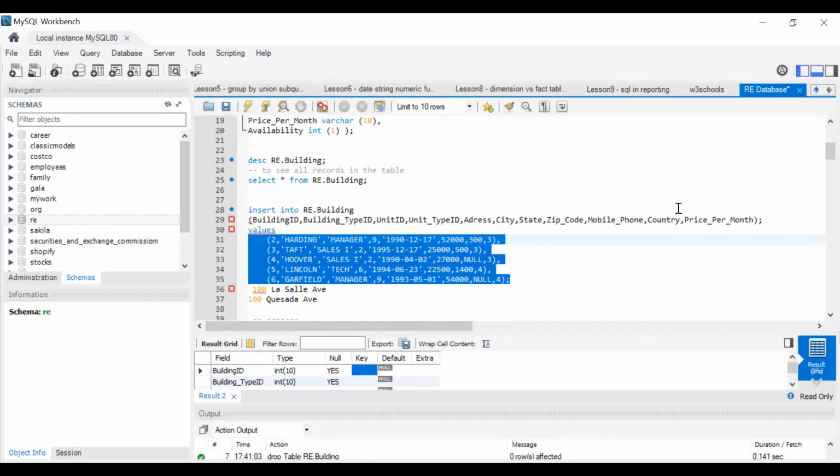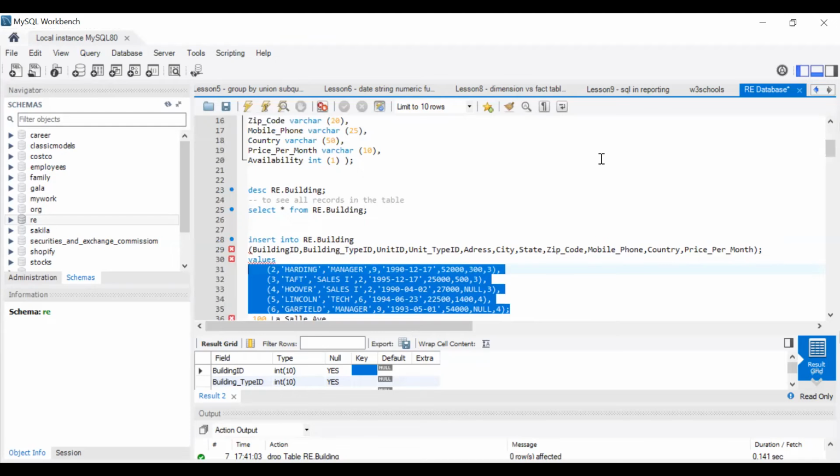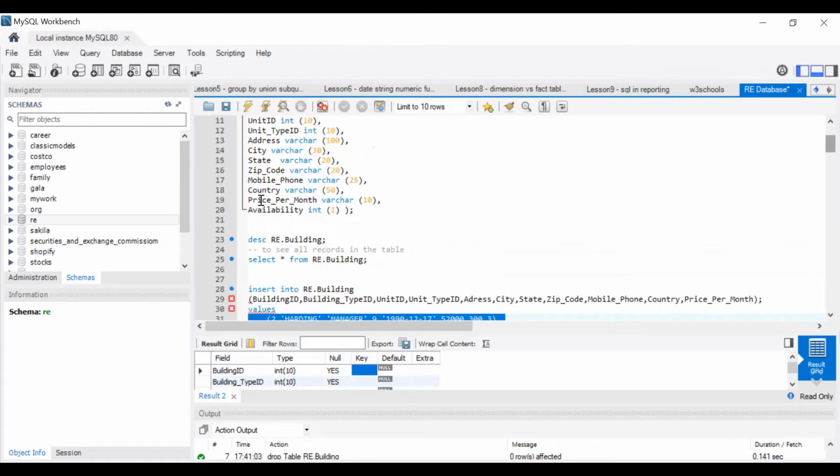In our case, I didn't have to spell out every single field because we're going to populate every single field in here, okay? And by the way, we added availability. Okay, so let's insert records, and here, please pay attention because we are inserting values.